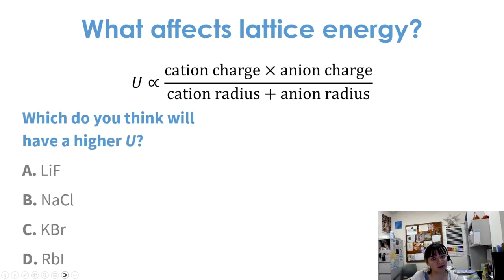The only thing that's important here is the radius differences, and that will help us decide what the lattice energy is. So when it comes to deciding which factor is more important, I would say that charge takes precedence, and then radius and distance come into play if the charges are already all the same.